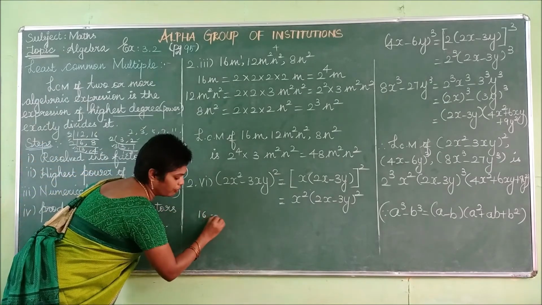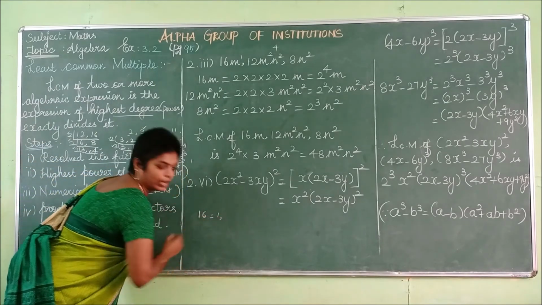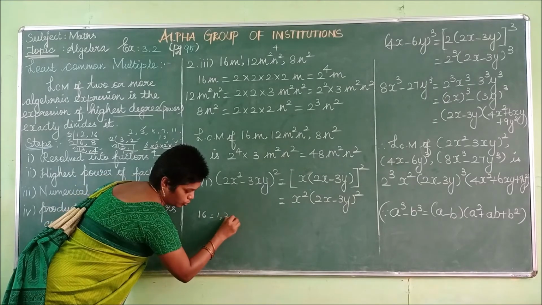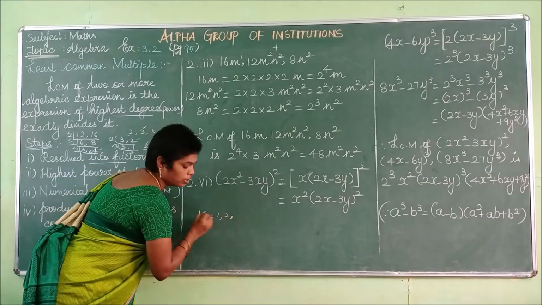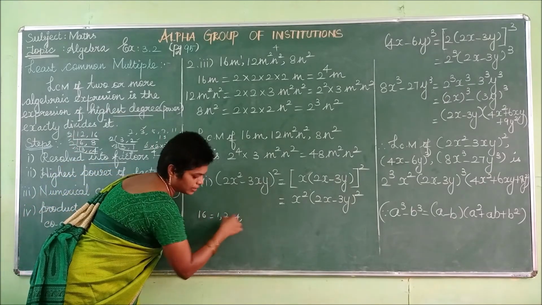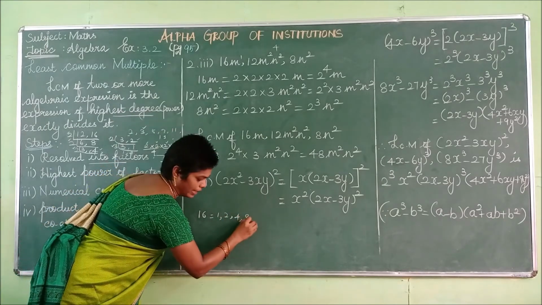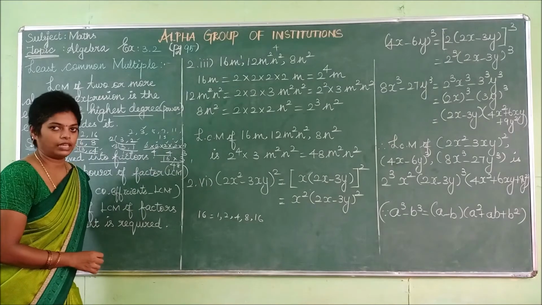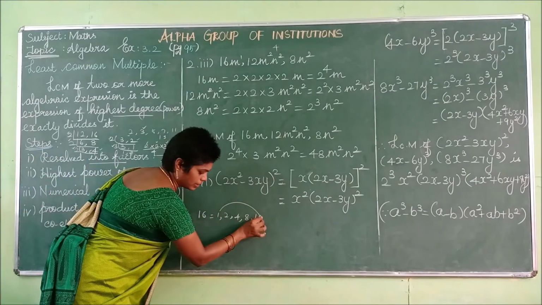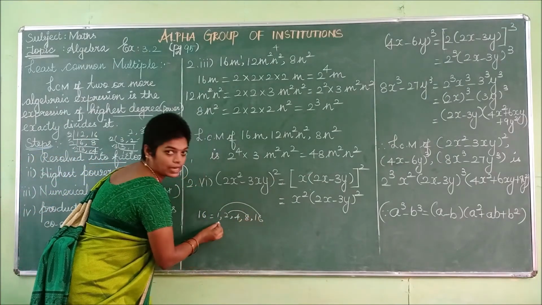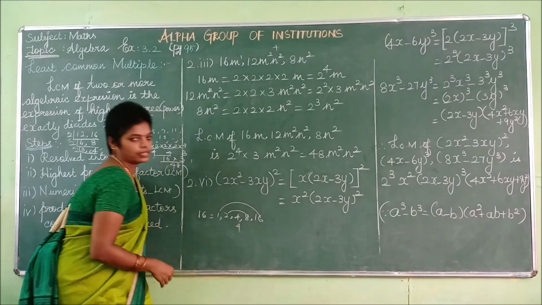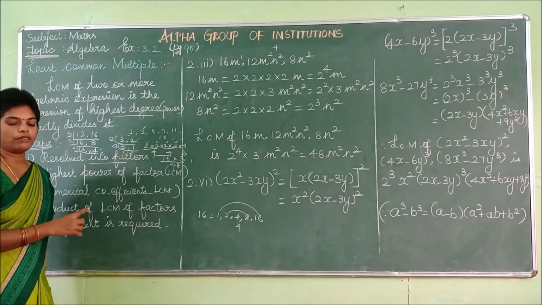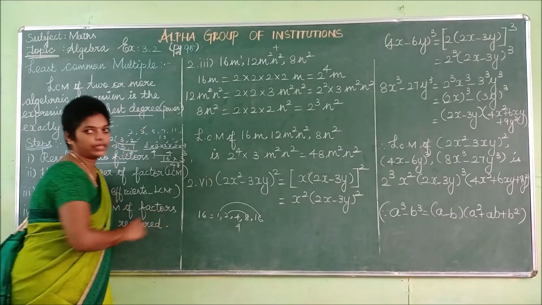How do you find the factors? 16 comes in the 1 table, the 2 table, the 4 table, the 8 table, and the 16 table. So 1 16s are 16, 2 8s are 16, 4 4s are 16. These are the factors of the number 16.